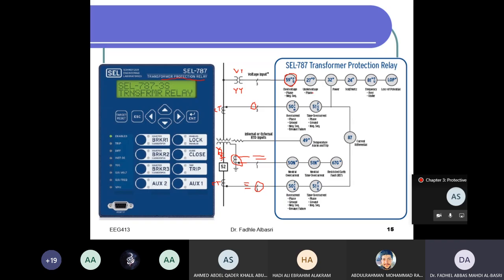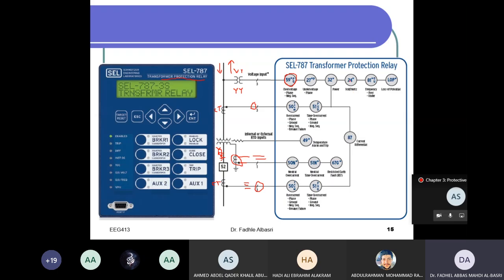Undervoltage 27 also requires voltage as input. For the power, I need a voltage and also a current. So the current comes from the CT and the voltage input comes from the VT. So that will measure the power. Is the power flowing in this direction or in this direction?